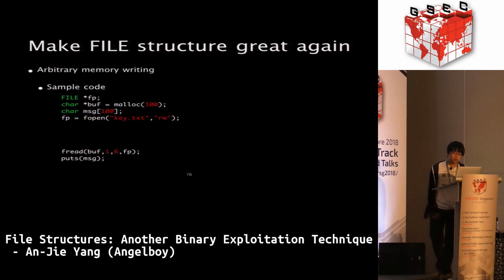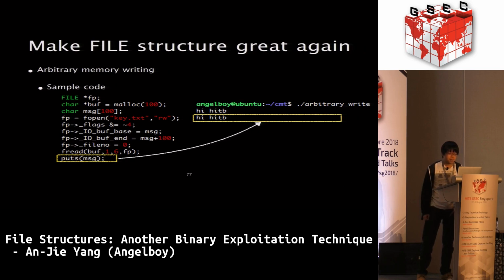Okay, we also use a simple code to verify it. It just reads data from a file and puts it into an empty buffer called MSG. After we modify the values of elements and set MSG as our string buffer in the file structure, if you execute it, you can find that it's waiting for your input.